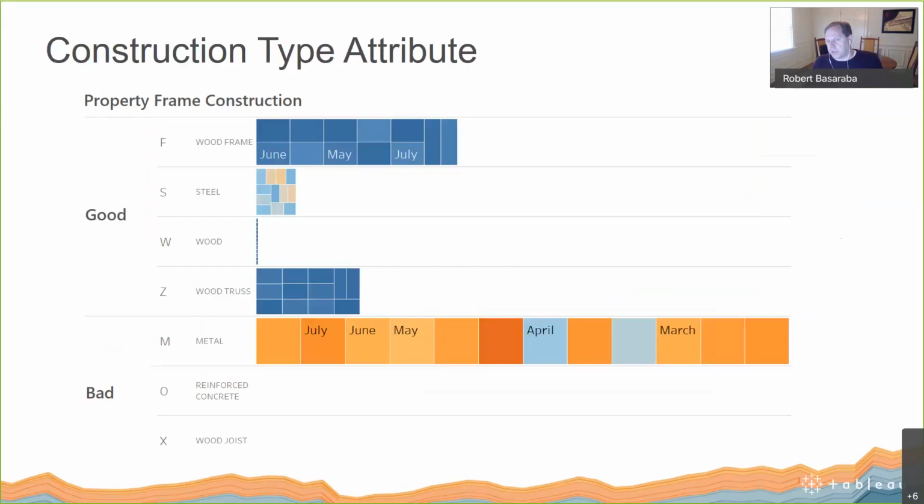We also looked at different attributes. In this case, the type of construction, breaking this down. And we literally went through 20-some different attribute analyses in order to figure out how to place these customers. Here this is telling you that the metal frames are not good.